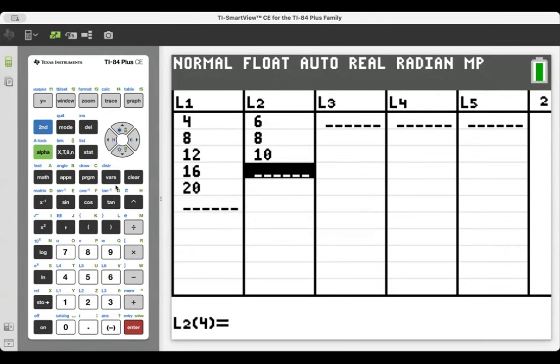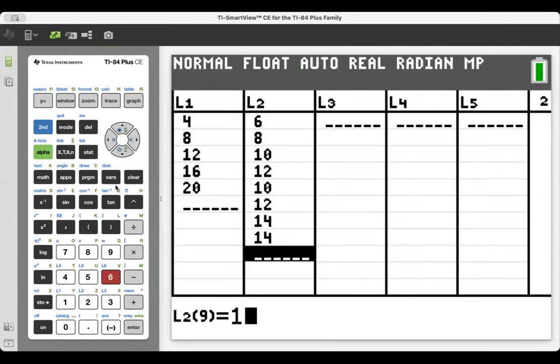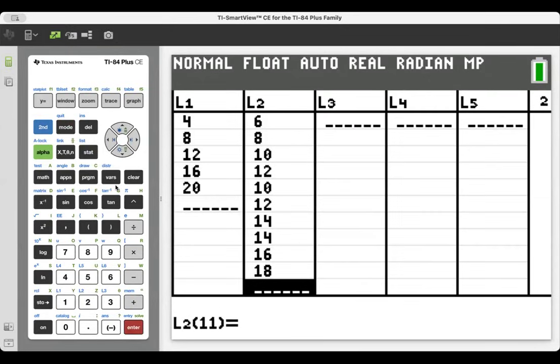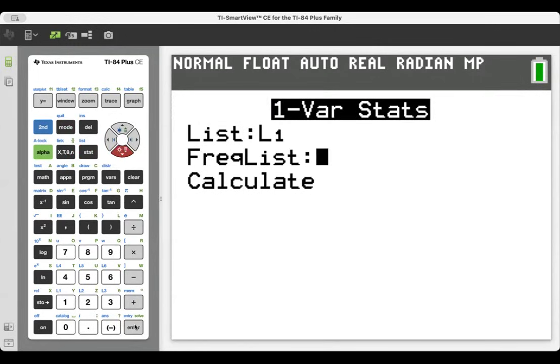And there are 10 of them. And from this list, let's calculate one var stats. So we're finding the mean, and this is, change this to L2. We're finding the mean and the standard deviation of this group of sample means.